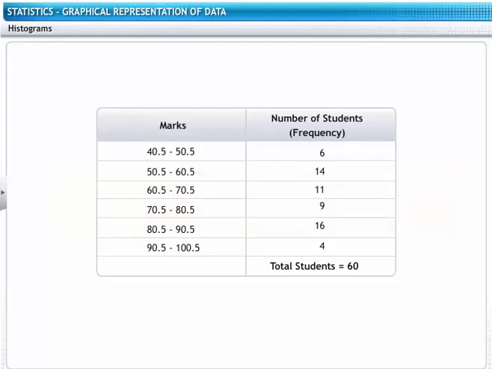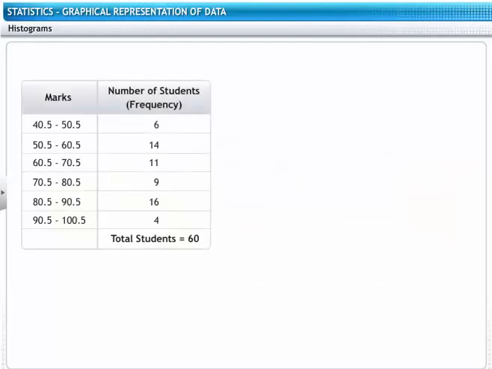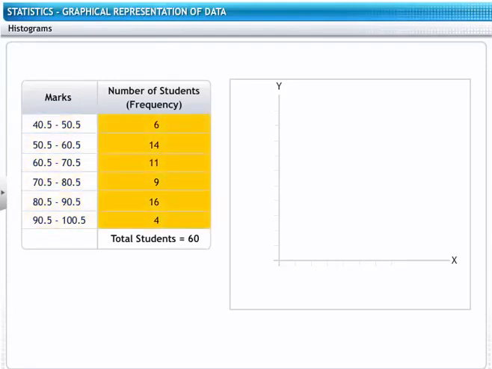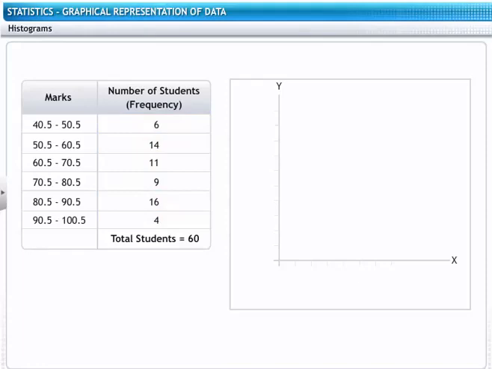Let's find out. We start by drawing two axes, x and y, as we did while drawing a bar graph. We use the x-axis to represent the variable and the y-axis to represent its value. Here the variable is the marks obtained and its value is the number of students.